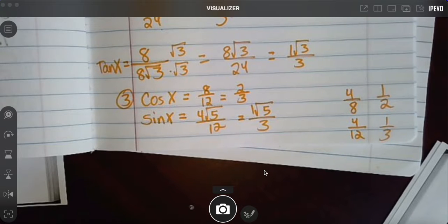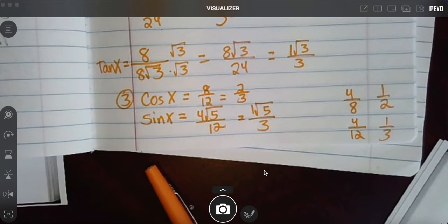Let's keep going. Oh, somebody asked me about tangent. Tangent needed to be reduced. You asked me about tangent, Madison. Did you reduce that one? I did, on number 3. Thank you so very much.